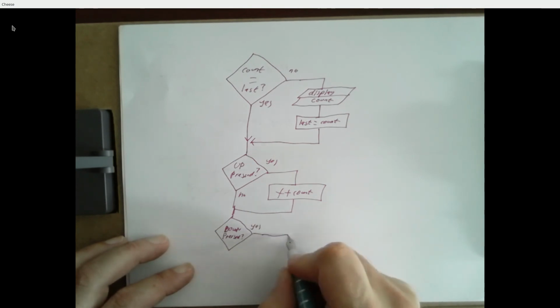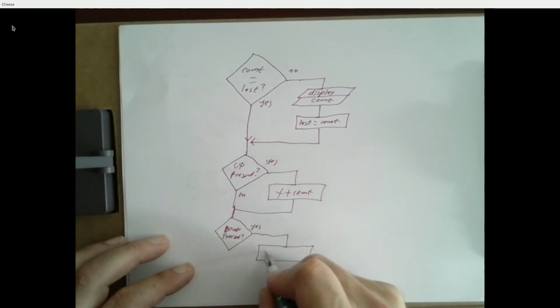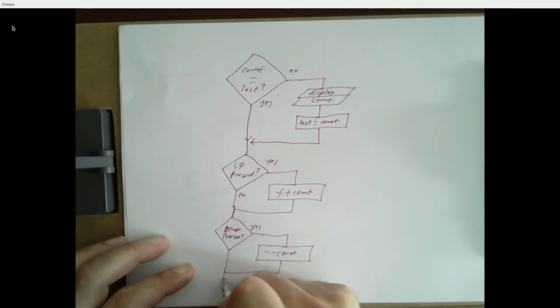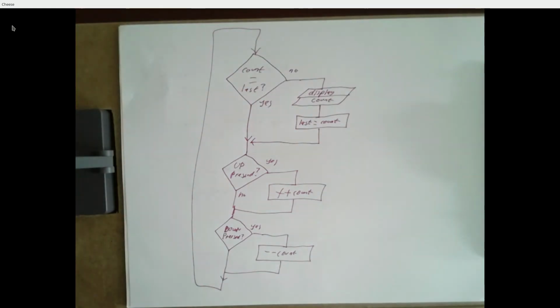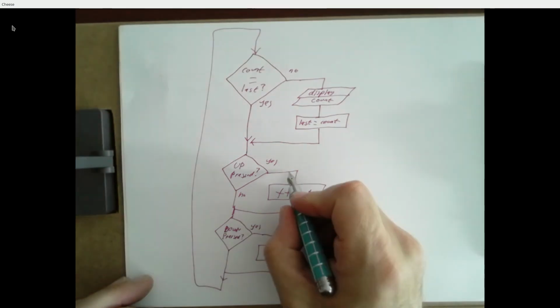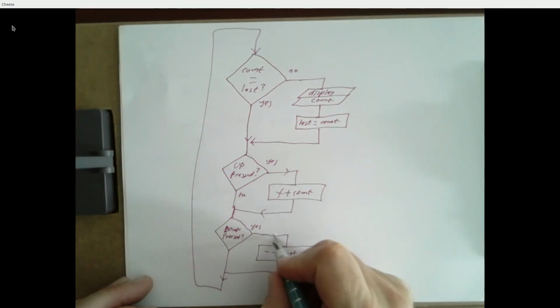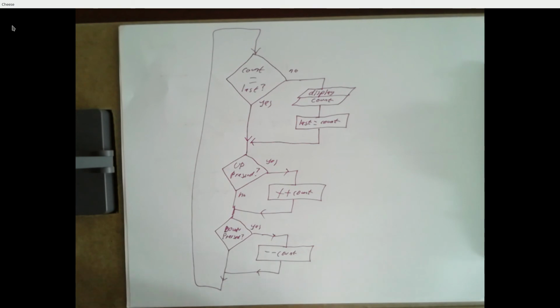And if it is, decrement count. Now we just go back to the top. So you've got some initialization in the beginning, which is basically those two GPIO mode commands. And then that's your main loop.